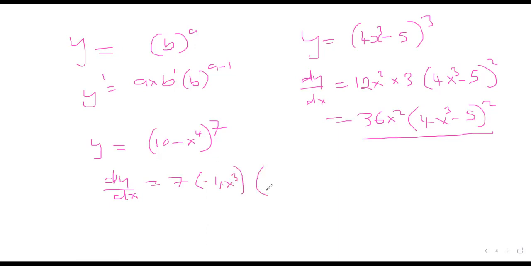And you write what is inside there, which is (10 minus x^4) to the power 7 minus 1, which is 6. So you evaluate now. So this is minus 28x^3 times (10 minus x^4) to the power 6. So this is what we call a chain rule.